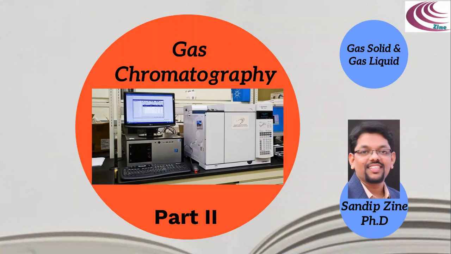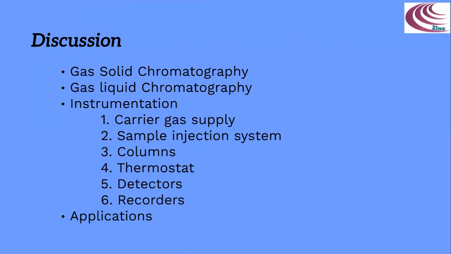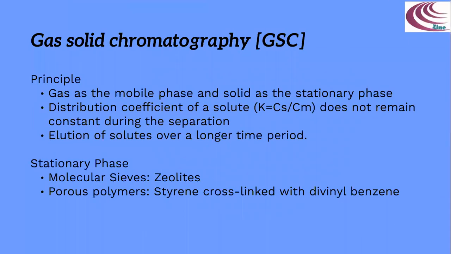Now today we will continue our session on gas chromatography, that is part 2. As you are aware, in a previous session we have discussed gas solid chromatography, its basic principle and stationary phase.